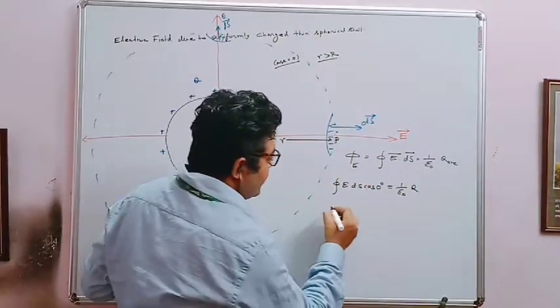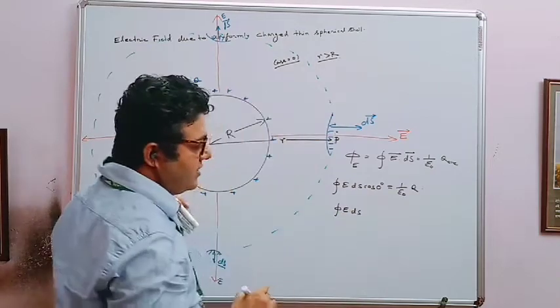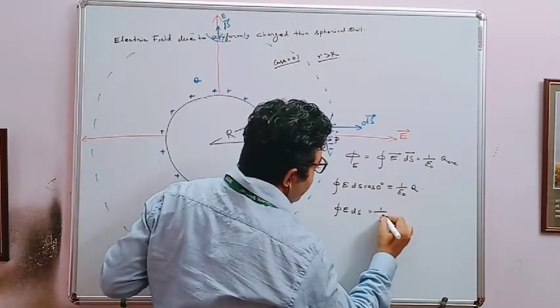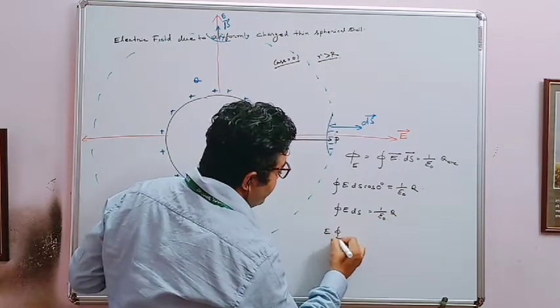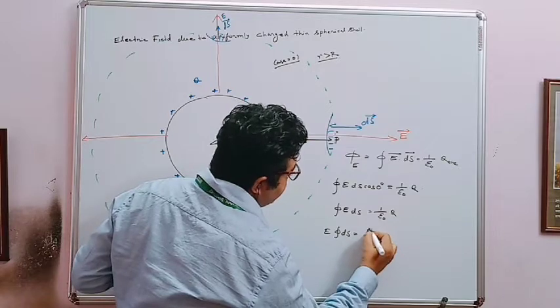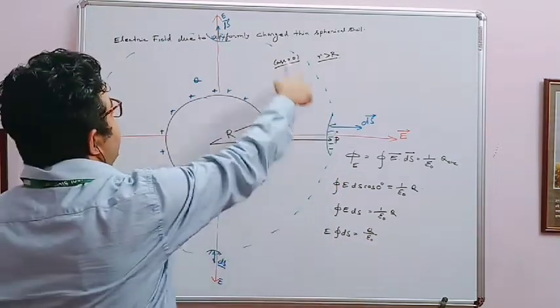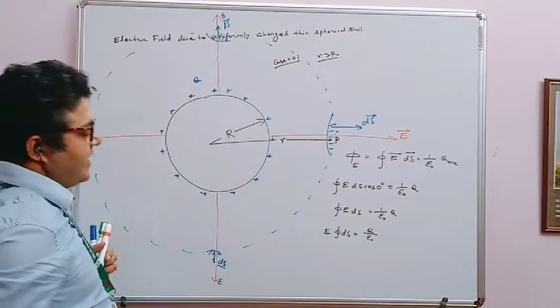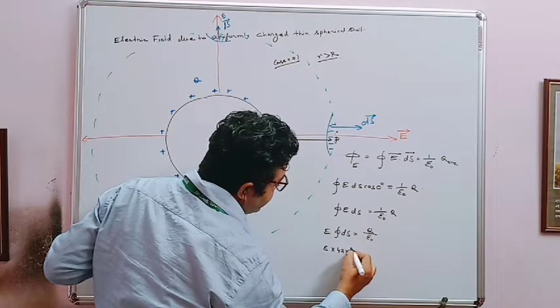Now that is equal to E dS, because cos 0 is 1, equals 1 by epsilon naught Q. E times the integral of dS is Q by epsilon naught, and the surface area of that imaginary Gaussian surface, which is also spherical, is 4 pi r square.